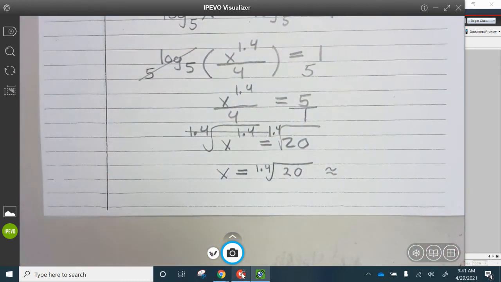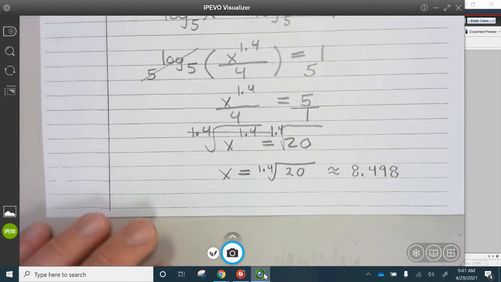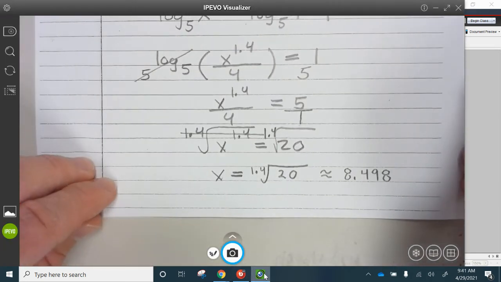So let's delete this. Control, root of 1.4 of 20 is approximately, they want the nearest thousandth, so 8.498. All right, go and finish up question 11.